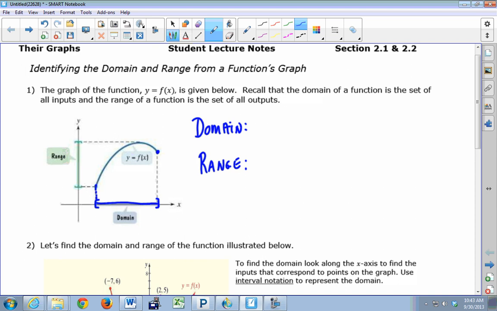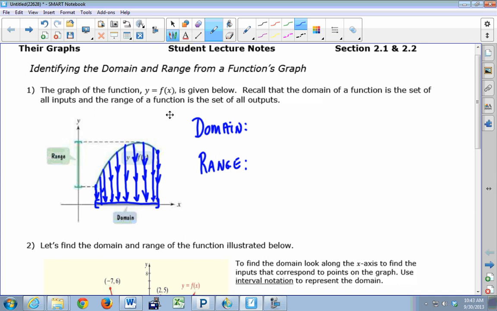Visually, you could imagine arrows coming down from every point on your function down to the x-axis. I can't draw an infinite number of these lines, but every spot that those lines hit on the x-axis is called your domain. Those are all your input values.